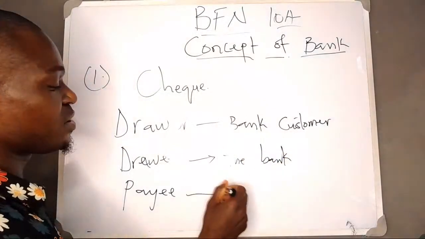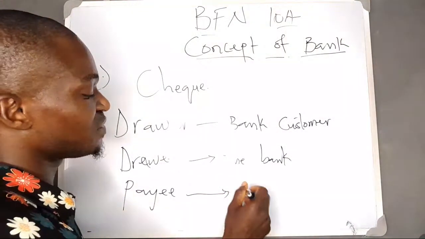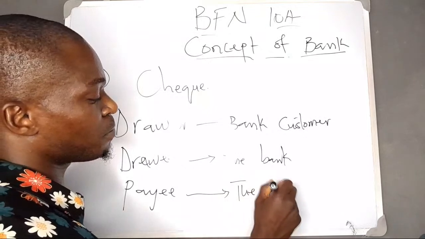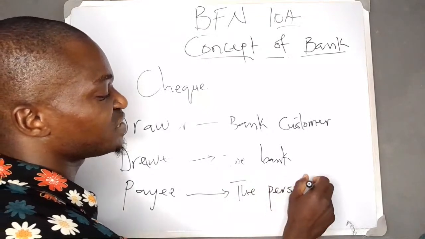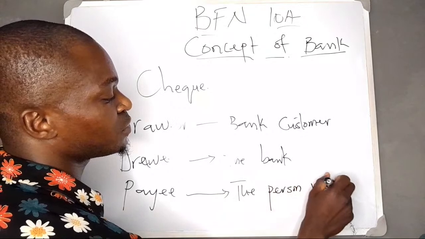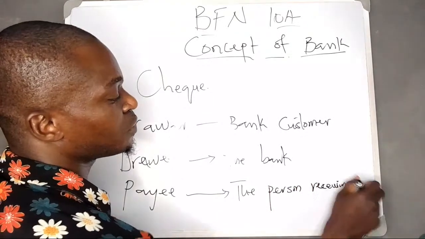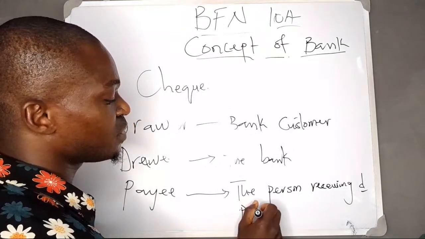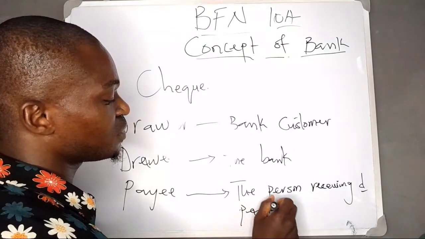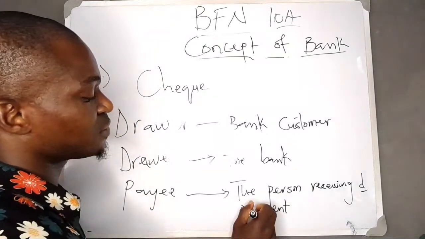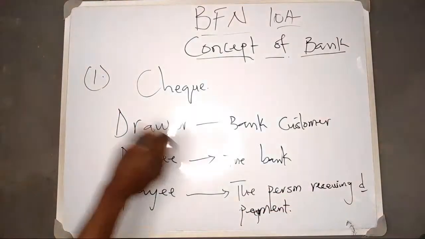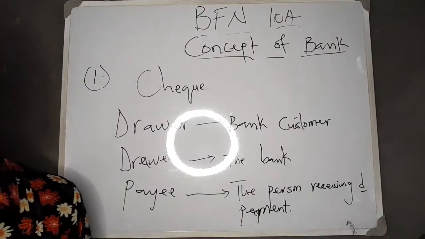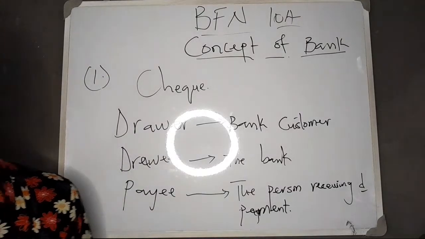And we have the payee, that is the person receiving this payment. So these are the three parties to a check.